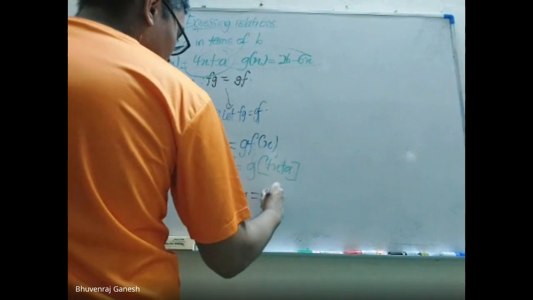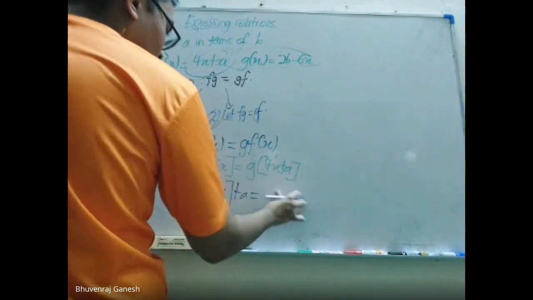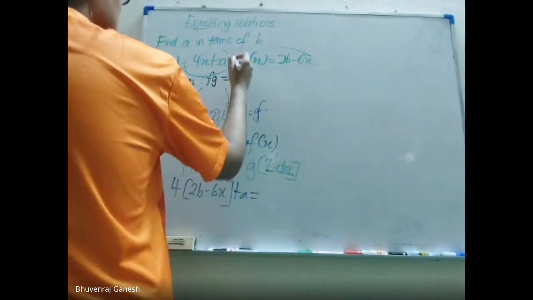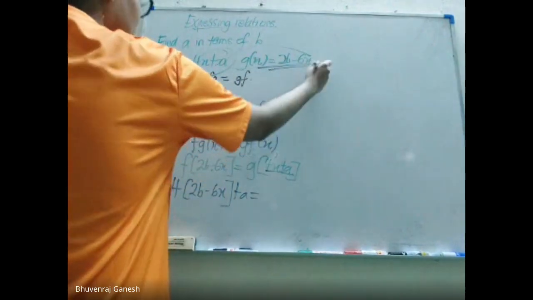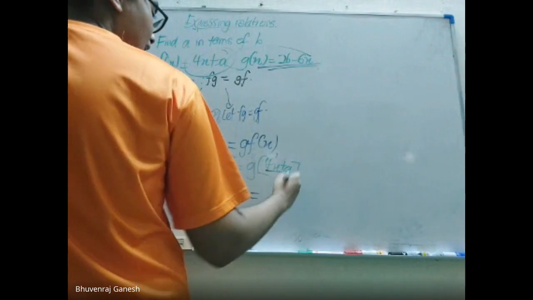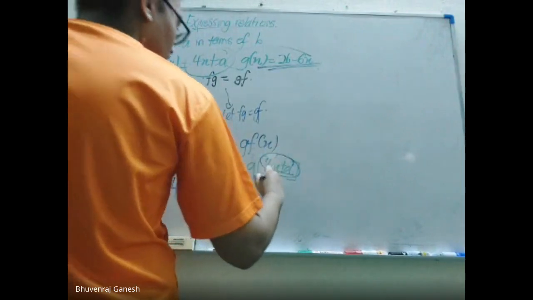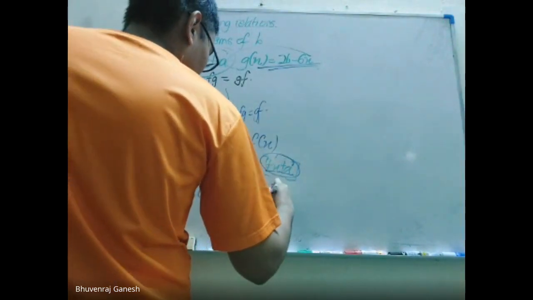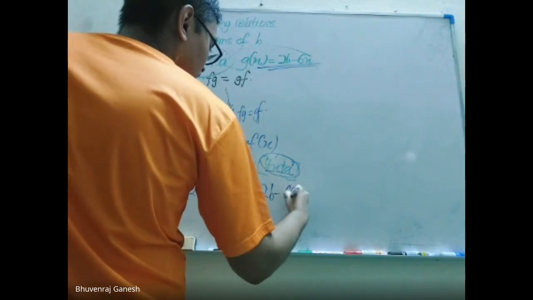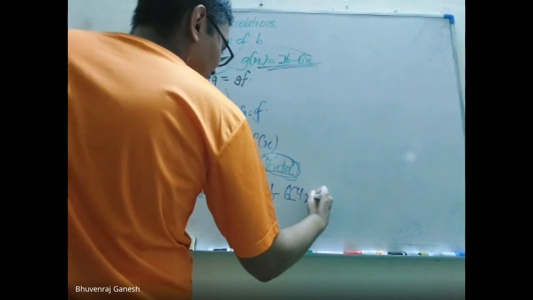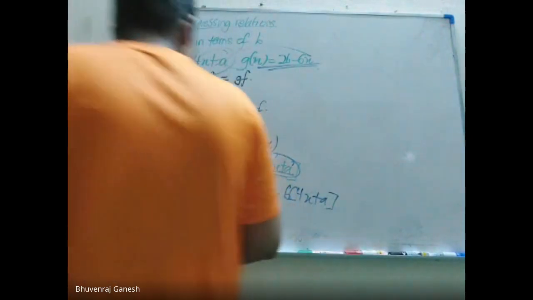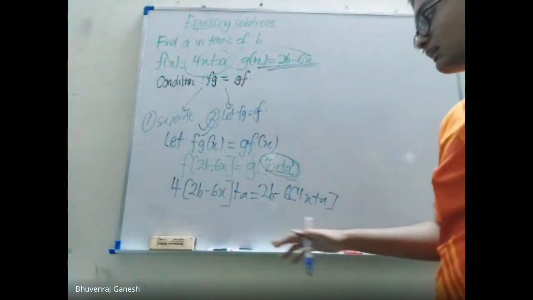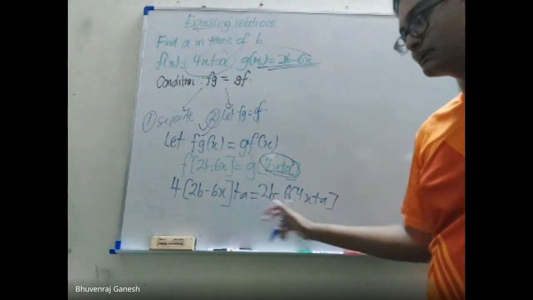Equals to g, not g. Now we're going to substitute 4x plus a into the g function, which is this 2b minus 6x. So x is 4x plus a. So you will copy down 2b minus 6 times (4x plus a). Looks very complex, a lot of variables involved, but same concept again. So from here, you cannot compare anything yet because there are things to expand first, not like just now.